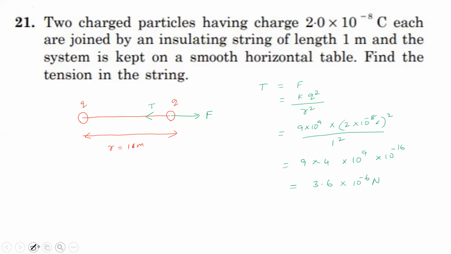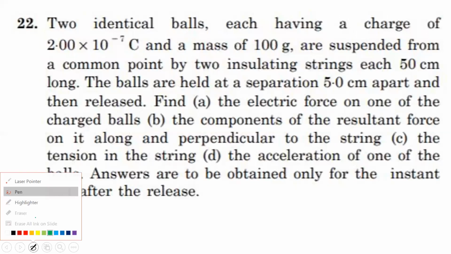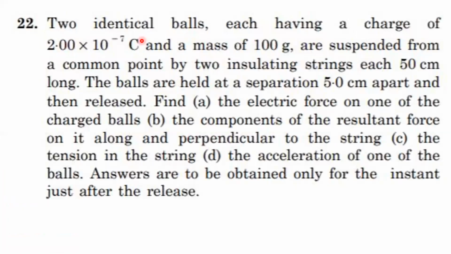Let us solve the second problem. Two identical balls, each having a charge of 2 × 10^-7 coulomb and a mass of 100 gram, are suspended from a common point by two insulating strings, each 50 centimeter long. The balls are held at a separation 5 centimeter apart and then released.